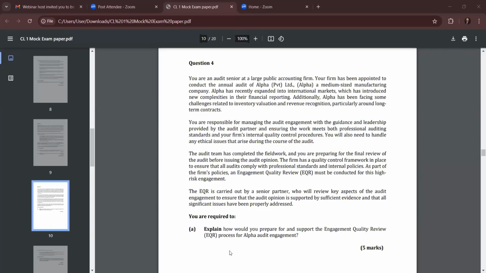Number one, ensure adequate documentation is being completed.